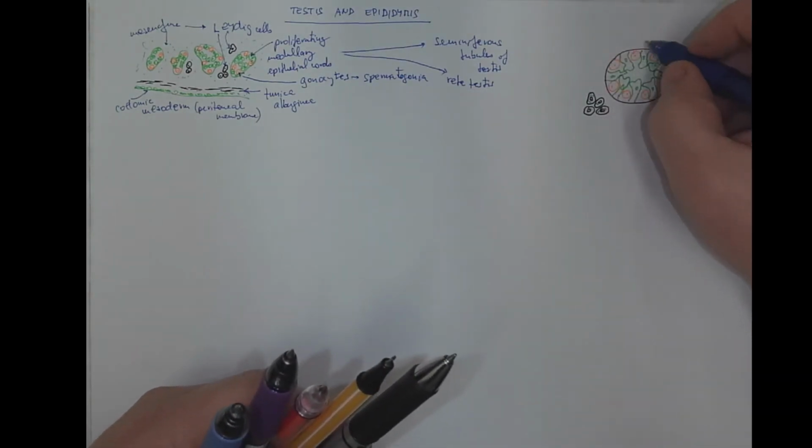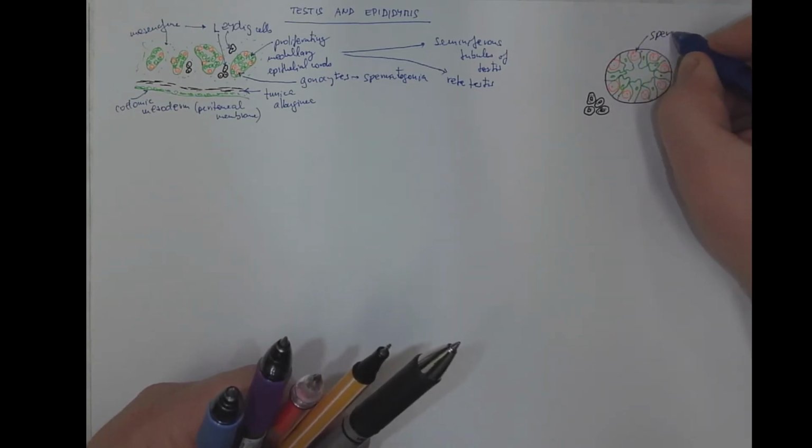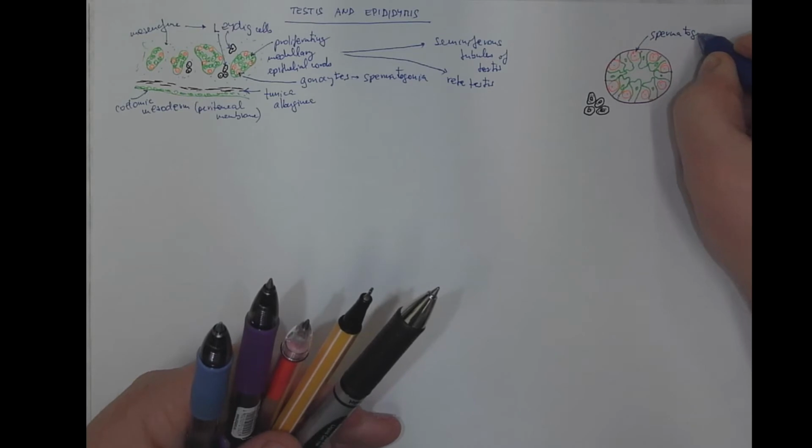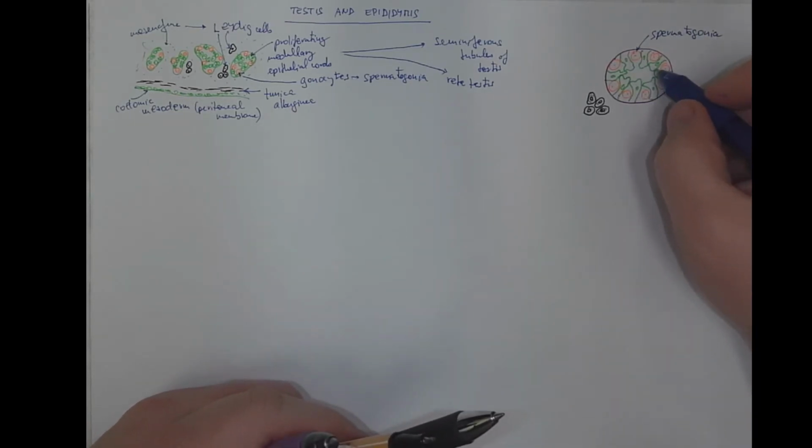This will be spermatogonia, this will be the supporting Sertoli cells.